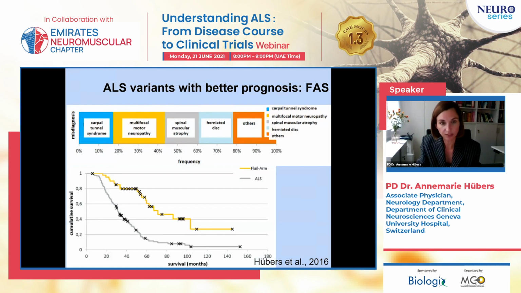The disease course is atypical, being a little bit better or less aggressive than the classical ALS. Here you see the survival curves of flail arm syndrome patients in yellow and classical ALS in gray.